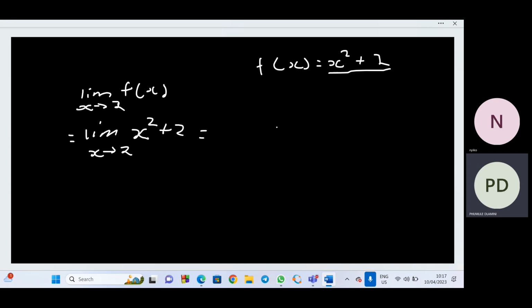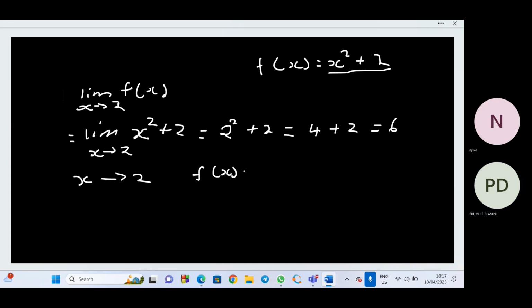Here, when you want to get the limit, you can just substitute 2 for x. You can say it's 2 squared plus 2, which gives us 4 plus 2, which equals 6. So this implies that as x approaches 2, f of x approaches 6.